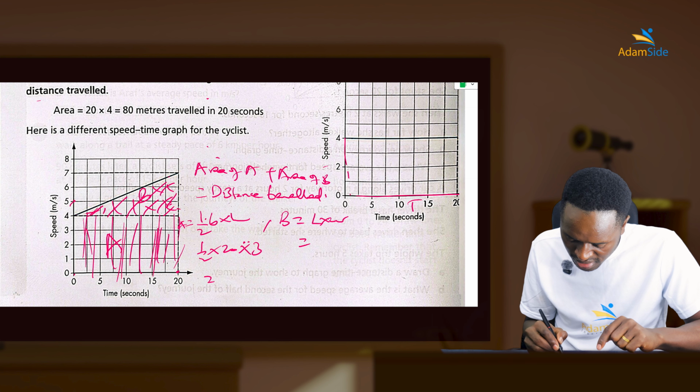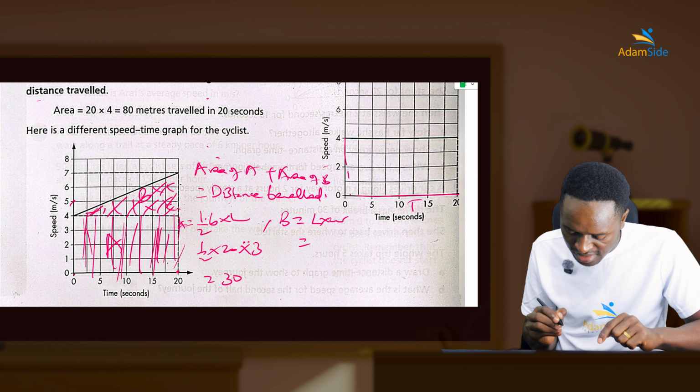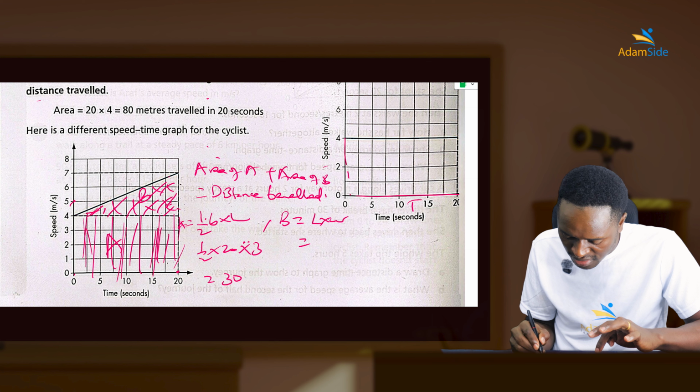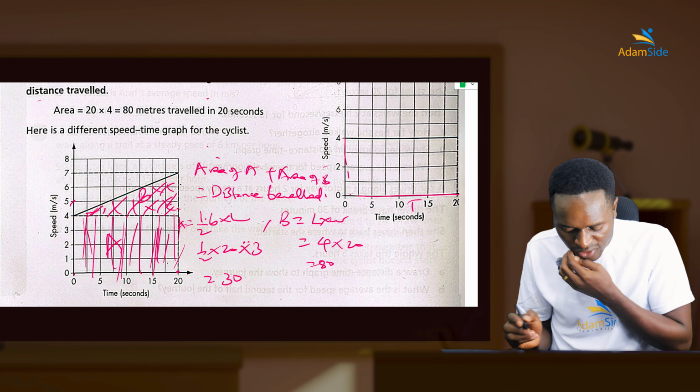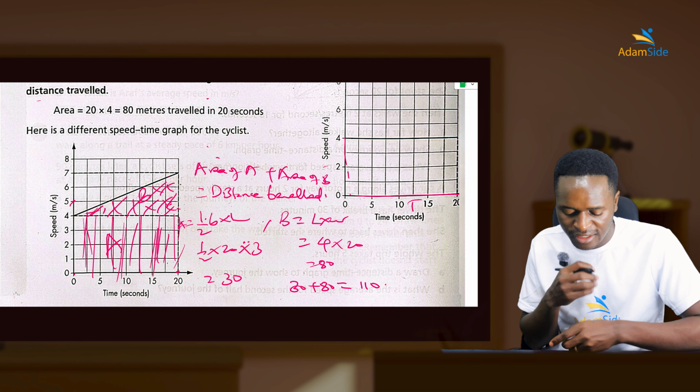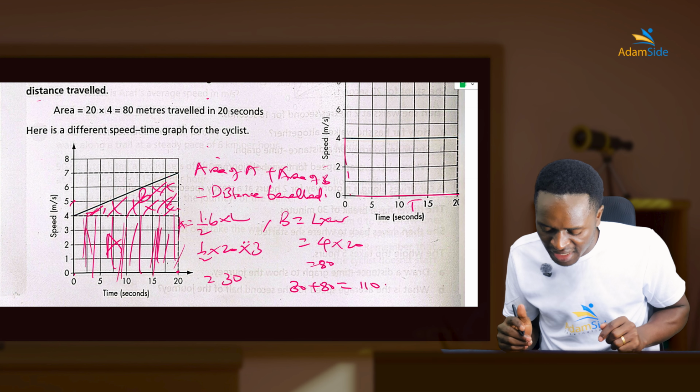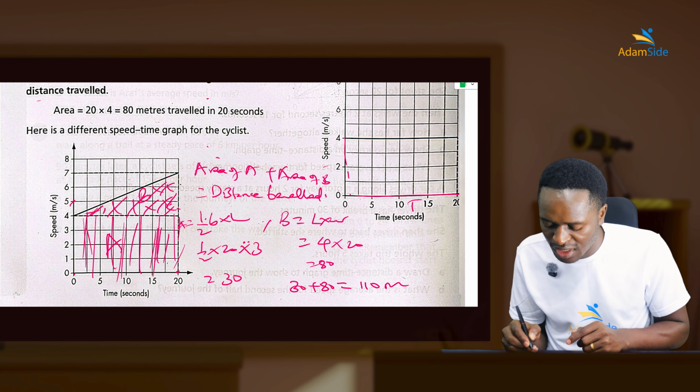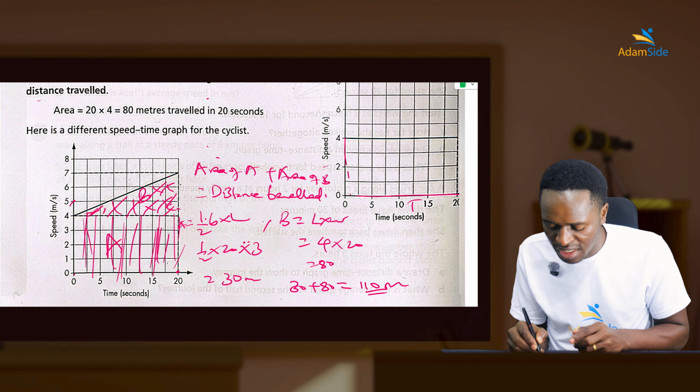What do you get? You get 30. But for this one, you take 4 times 20 and you get 80. When you add the two, 30 plus 80, you get 110. That's the total distance, 110 meters. Both of them are in meters.